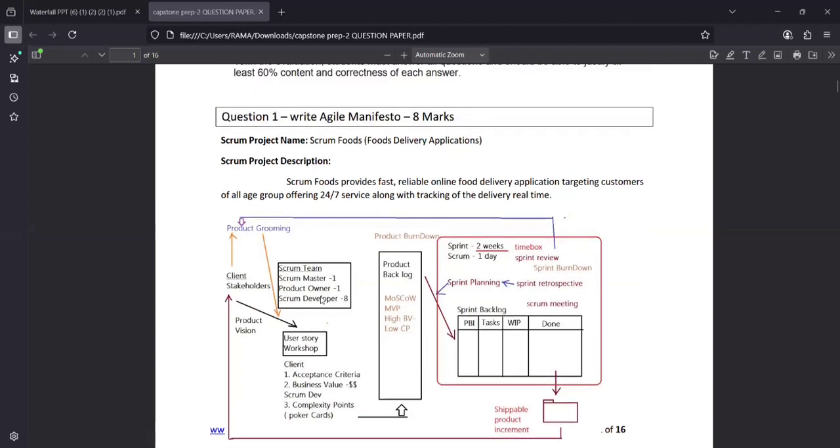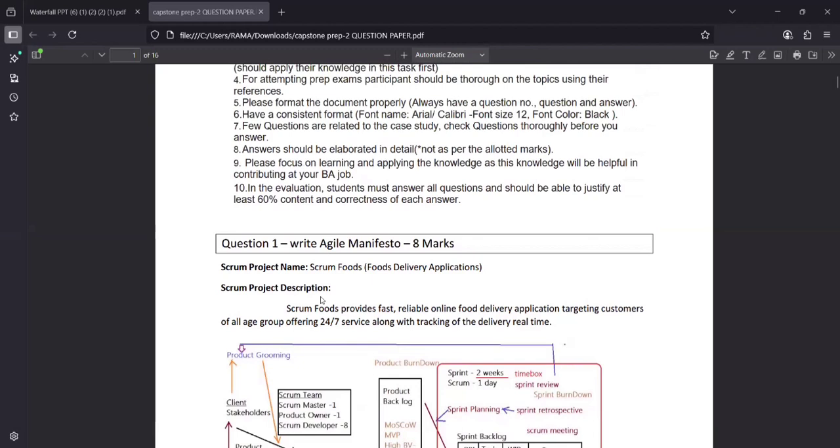Let us first know what we mean by agile before getting to what the agile manifesto is. Agile is one of the software development lifecycle methodologies.